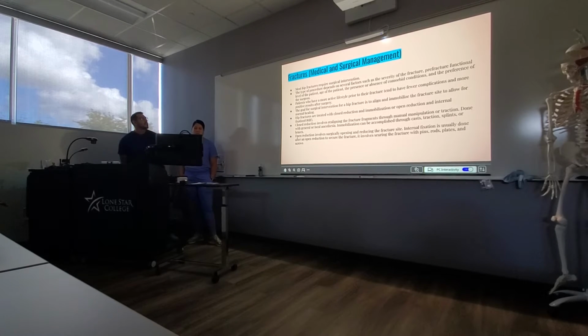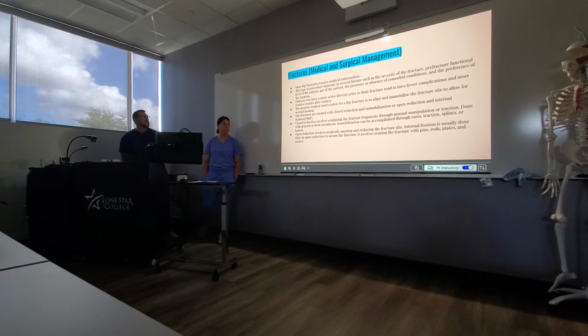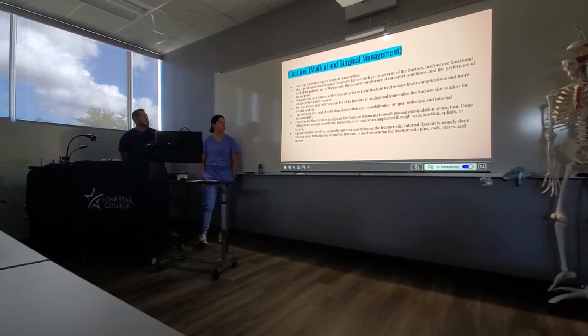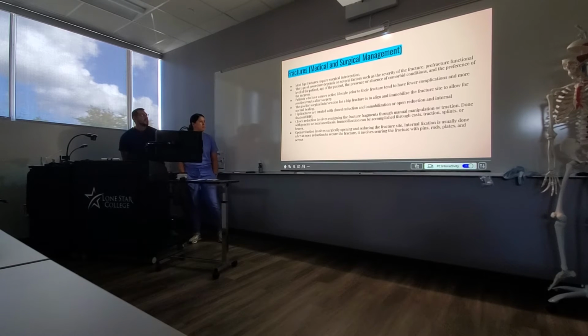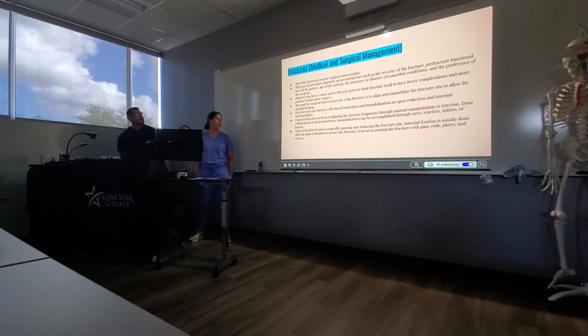Patients who have a more active lifestyle prior to a fracture, of course, will have fewer complications and more positive results after surgery. The goal for surgical intervention for the hip fracture is to align and immobilize the fracture to allow normal healing.